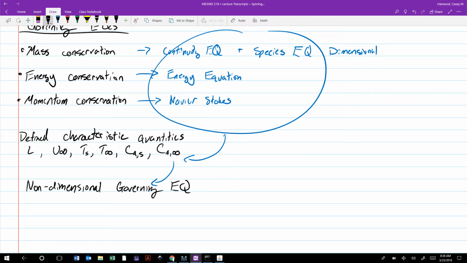The utility of these governing equations is not terribly straightforward when you look at it like this.